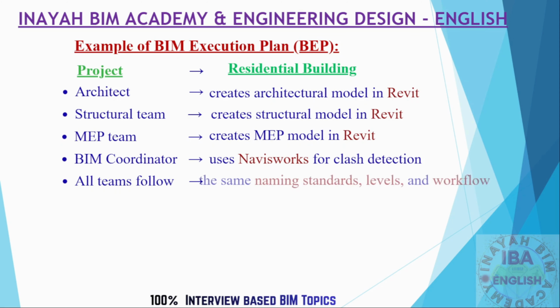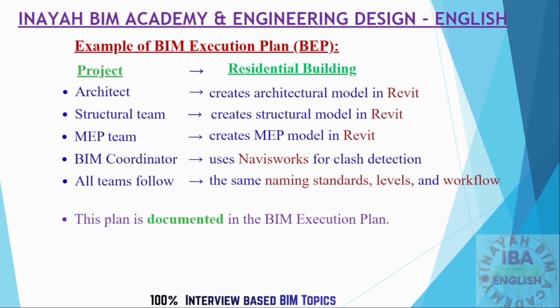Likewise, all the teams should follow the same naming standards for levels and other things, and the entire workflow. For example, levels should be mentioned as L1, L2, L3, or level 1, level 2, level 3, or first floor, second floor, third floor. Like that, the naming standard is set, and every stakeholder has to use the same naming structures and standards.